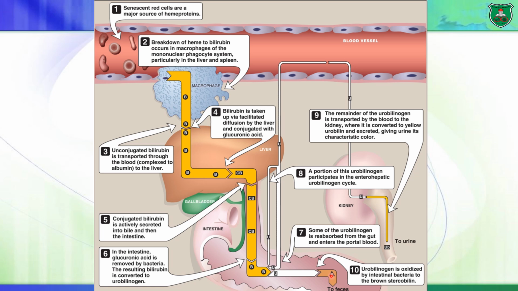Now, this stercobilin is a brown molecule which characterizes feces. Now, the urobilinogen that is removed into the blood is taken up by kidneys, and in kidneys it is converted to a final product known as urobilin. Urobilin has a yellow color that characterizes urine.